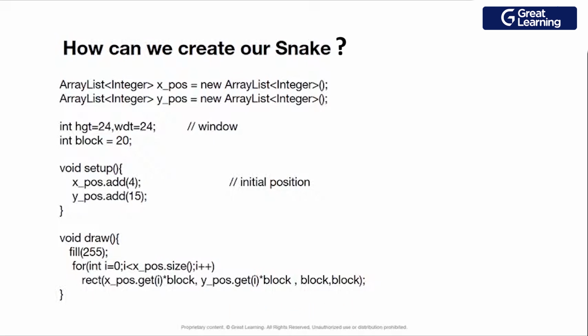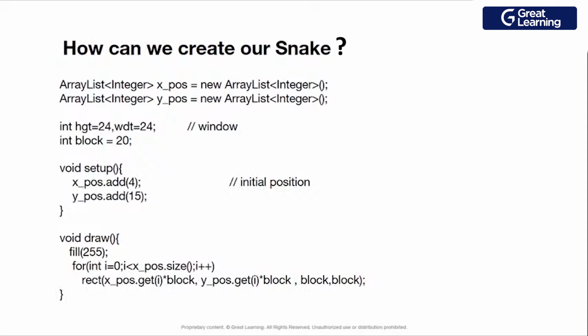Then the draw function. Once we open this window, the setup function will always be called first, and after the setup function the draw function will be called automatically. You don't have to call these functions. Then we will fill in the color of that block, and iterate through these positions so that we can print it.